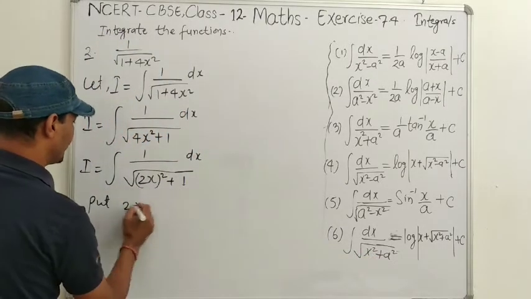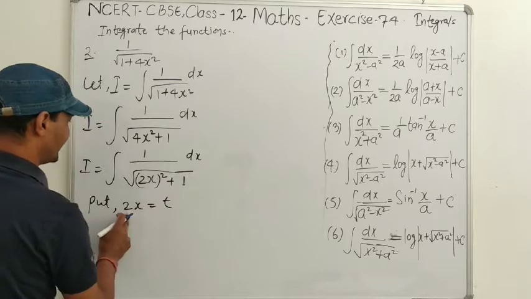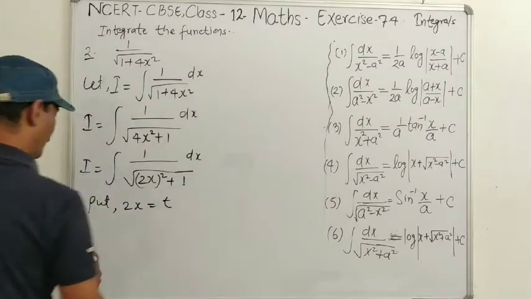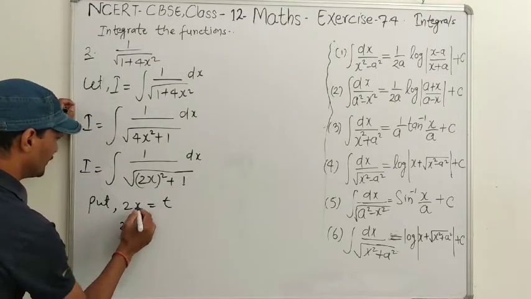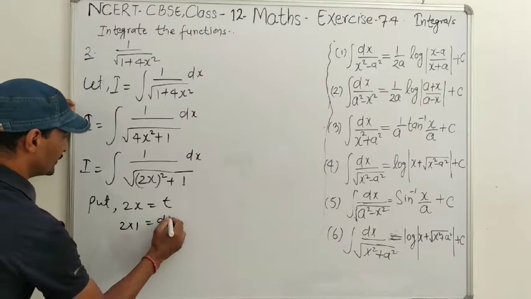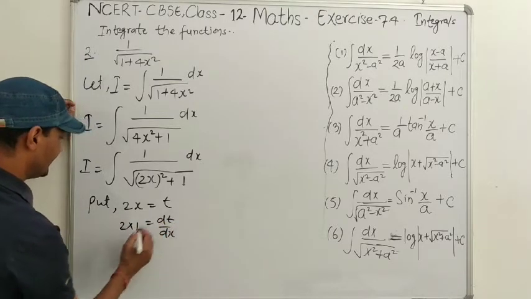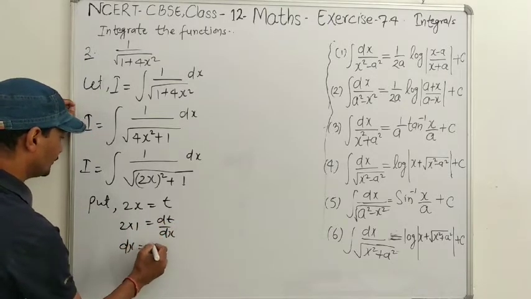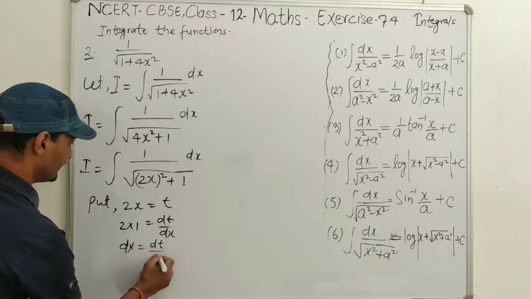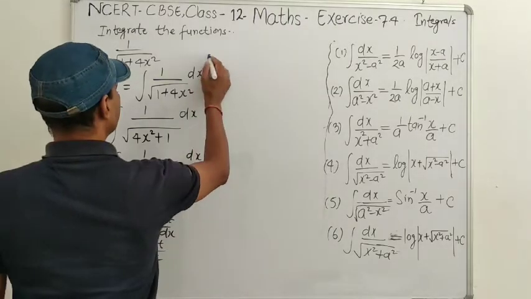So if we put 2x equal to t, differentiating with respect to x, 2 into x's differential 1 equals dt by dx. So dx is equal to dt by 2.